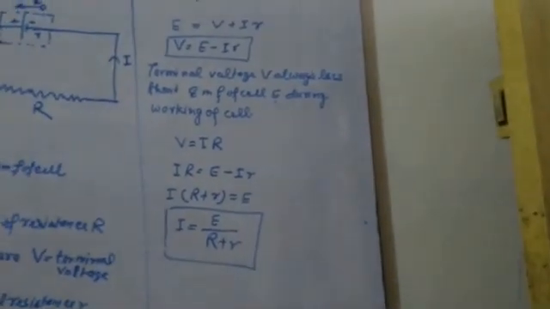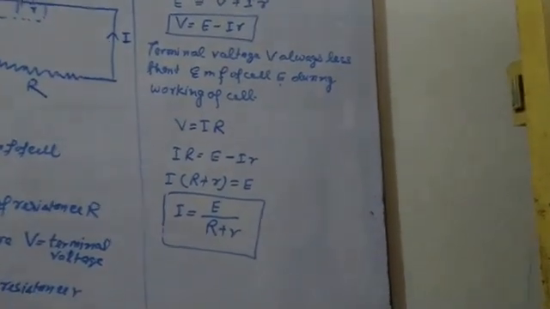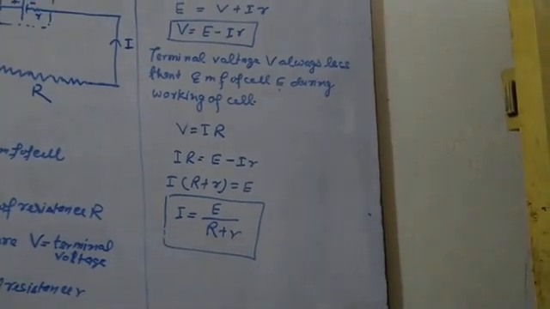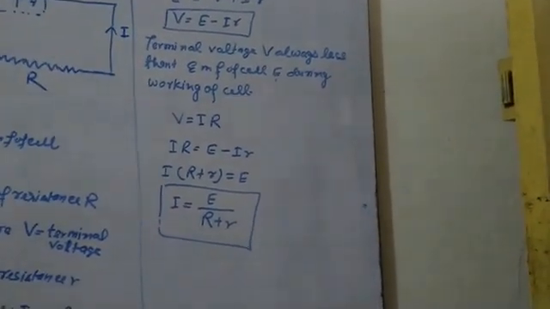This is the amount of current drawn from the cell during discharging, you can say working of the cell, where capital R plus small r is the total resistance.